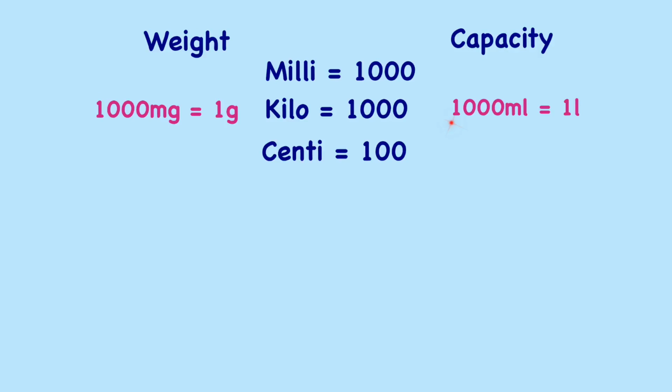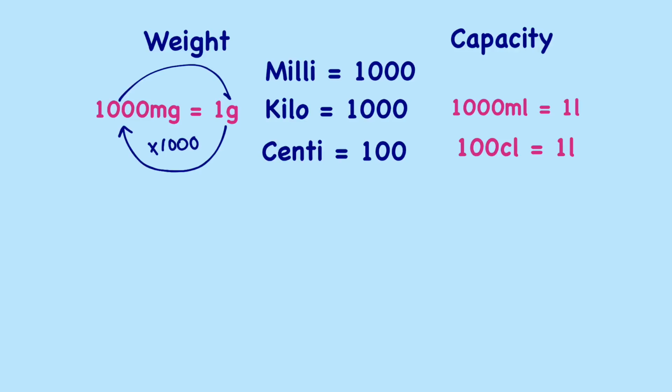There are 1,000 millilitres in 1 litre, and there are 100 centilitres in 1 litre. And exactly the same method applies here. If we want to go from grams to milligrams, I need to times by 1,000. And if I want to go from milligrams to grams, I need to divide by 1,000.